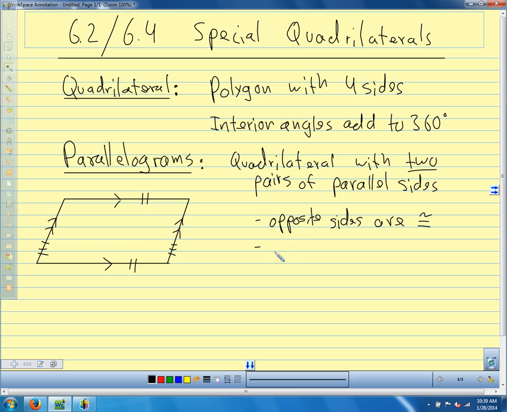Opposite angles are congruent. So if we go across the parallelogram, those angles are congruent. The angles on opposite corners of the parallelogram are congruent.